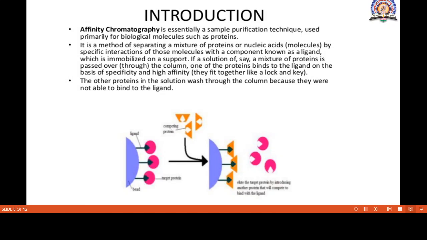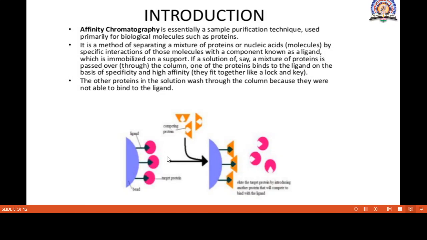The other proteins in the solution wash through the column because they are not able to bind the ligand. Here the figure is given. In this figure, this blue color is the bed. These lines are the ligand, and these are the target proteins. Okay, and these are the competing proteins.